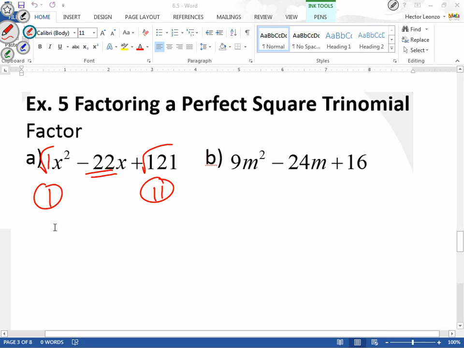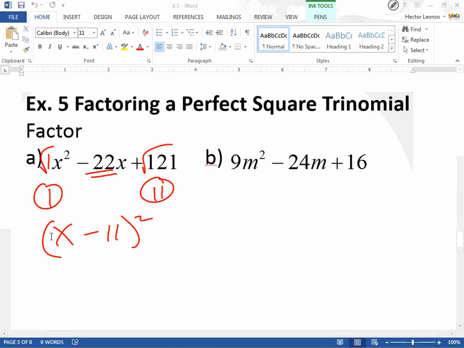I'm going to do x minus 11 all squared. I use this 1 here at the beginning. Notice I use that 11 here at the end. This minus sign in front of the 22 is what makes me put a minus sign there. If I had a plus sign instead, then I would have done x plus 11.